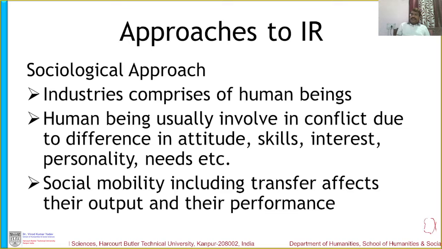That is why they said that the sociological approach puts human beings at its center point. Difference in attitude, skill, interest is obvious, conflict is obvious, and that conflict increases or decreases with social mobility. And with this increase and decrease, there is a difference in output.